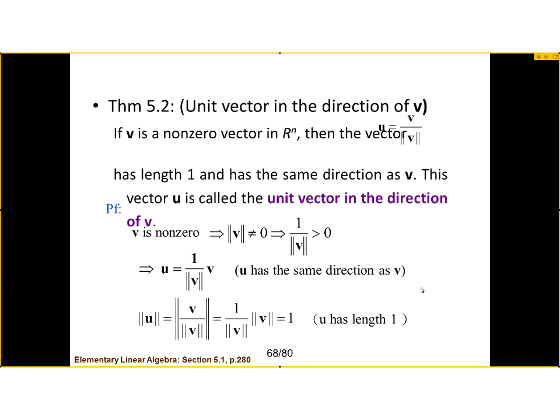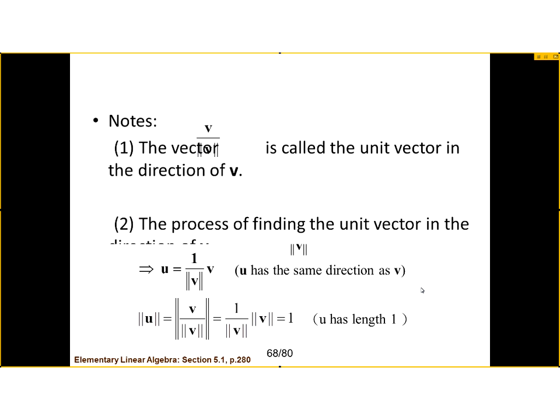Since v is non-zero, norm v is not equal to 0, and 1 upon norm v is greater than 0. So this is the formula to find the unit vector, u equal to v upon norm v, and there is a little proof.